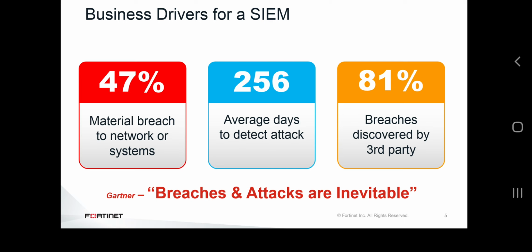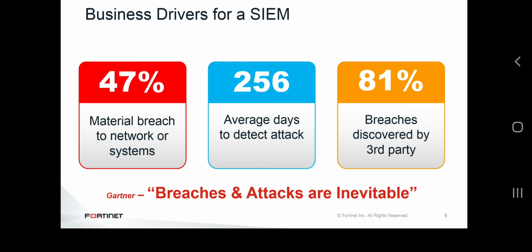The Ponemon Institute issued their second annual study on exchanging cyber threat intelligence with data collected from 692 IT professionals. When asked, "Has your organization experienced a material security breach that involved an attack that compromised the network or enterprise systems?" 47% of respondents said yes.